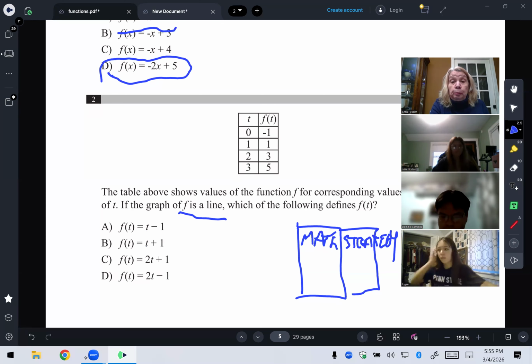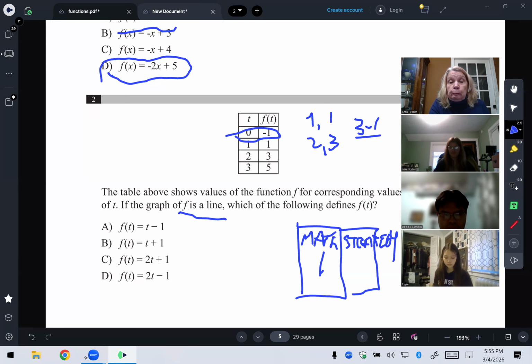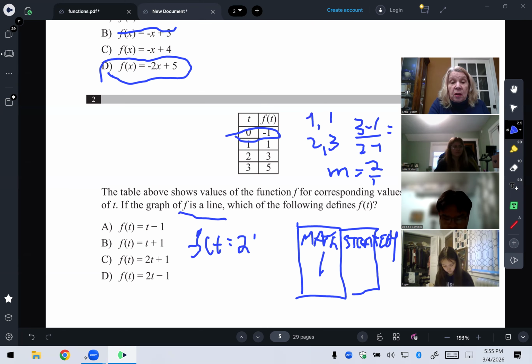So the math door, we already know that the y-intercept is going to be -1. And if we pick 2 points, I'll just do 1, 1, and 2, 3. This is the math door. You would just do 3 minus 1 over 2 minus 1, and you would get 2 over 1. So the slope is going to be 2. So we know based on this, it's going to be f of t equals 2t minus 1.